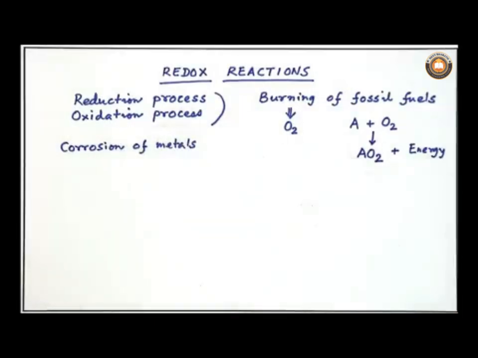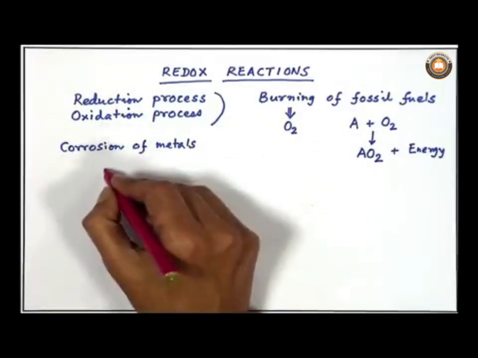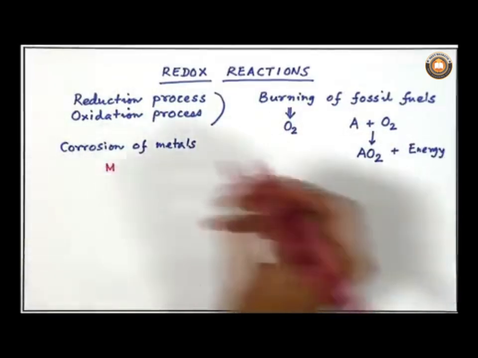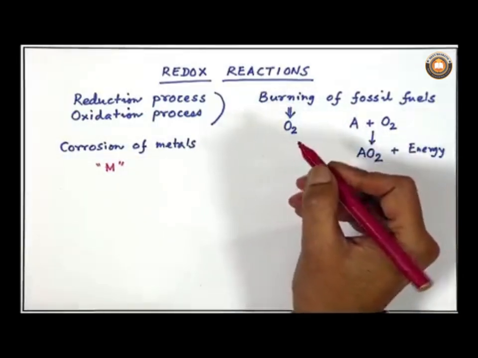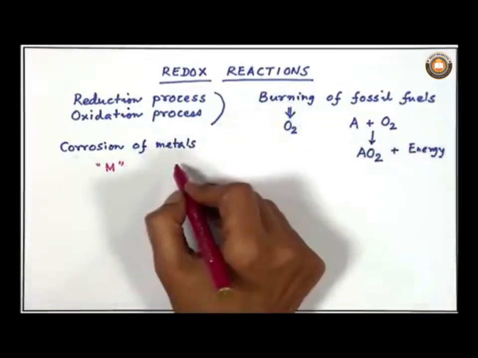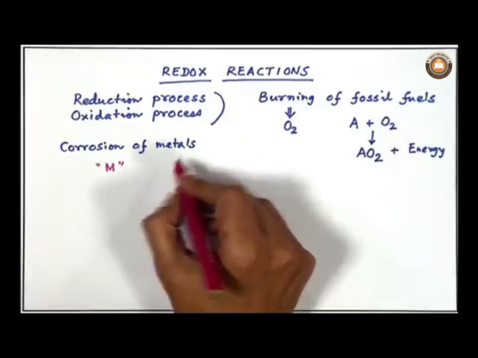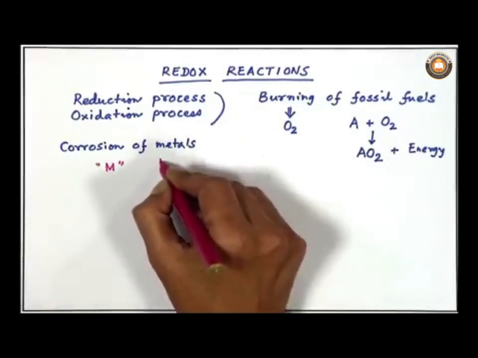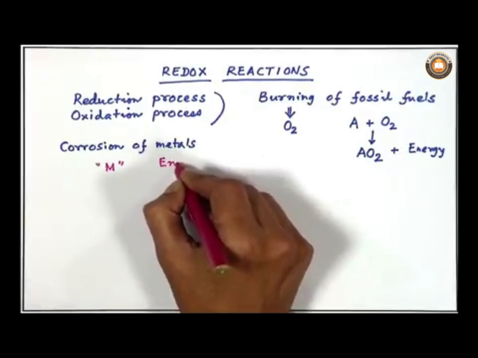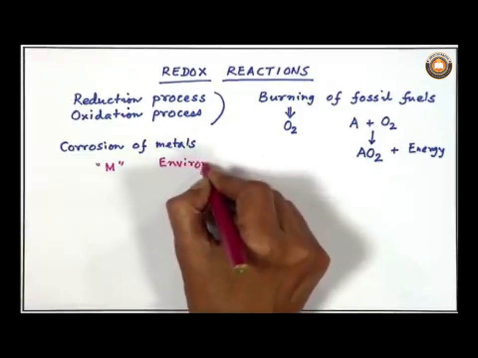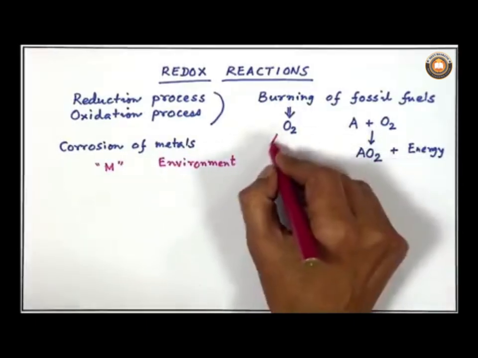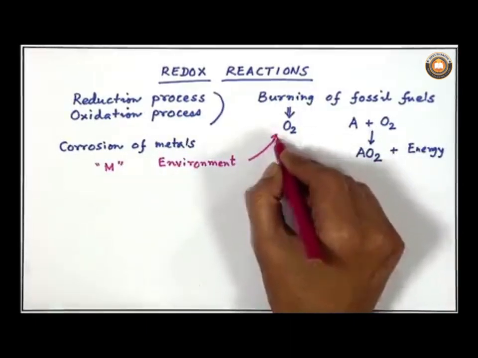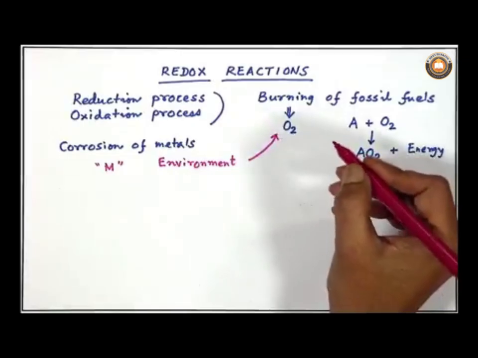So, in most of these cases we will find that they are very important in terms of the corresponding available metals, whether it is a typical material where the metal is present as some iron rod, iron pipe or something, and we can talk about the environment, where the environment can be correlated to the presence of this oxygen.